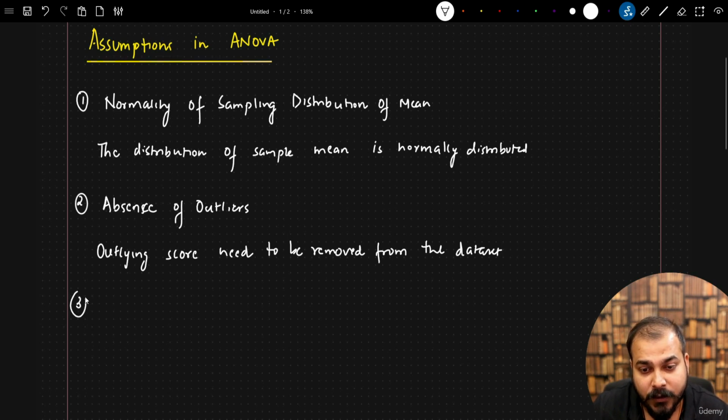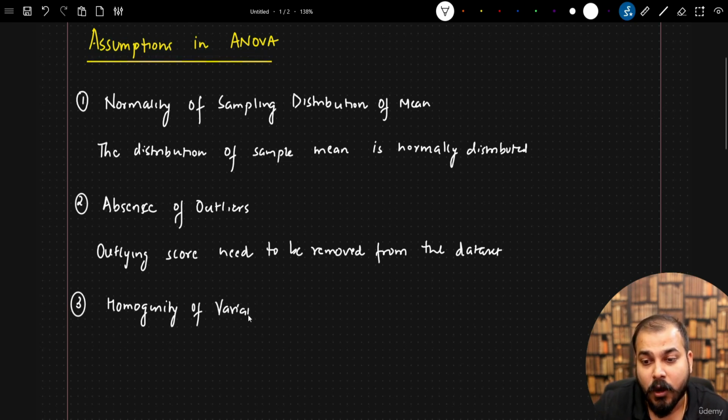Now coming to the third important assumption, that is nothing but homogeneity of variance. Homogeneity basically means homogeneous.